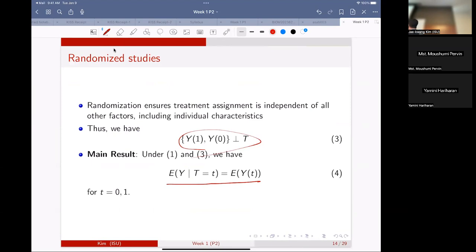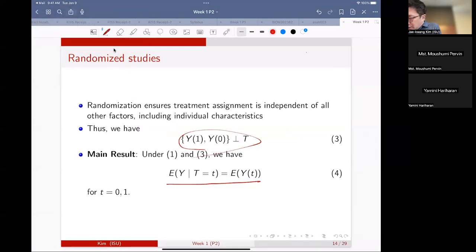And now comes randomization. We now assume that treatment is random. Suppose my treatment assignment is completely random. Then what happens?